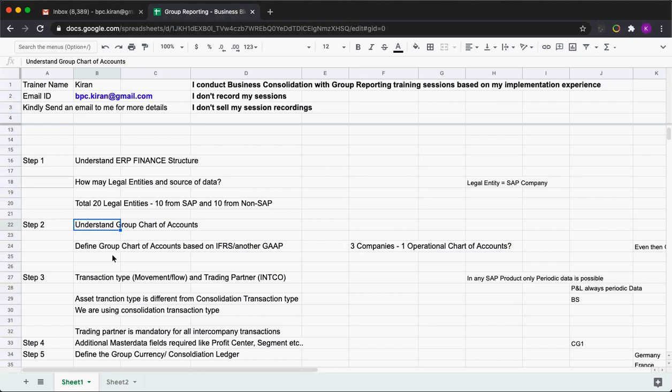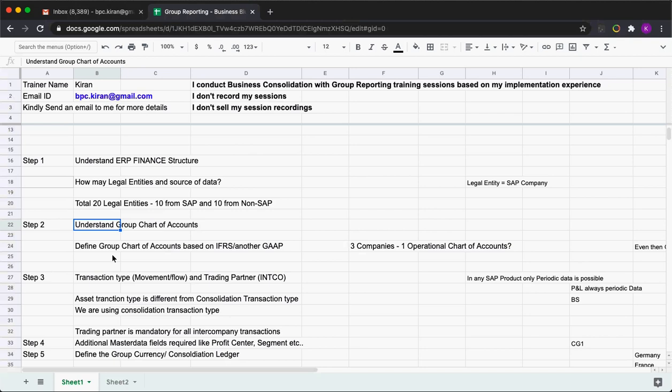For example, if I have 3 operational charts of accounts, YCOA, INA, CNA, for my SAP units, how should the mapping be done? All the sales accounts from my SAP units will be mapped to one FS item called sales. Explain how the mapping happens, and give the template.